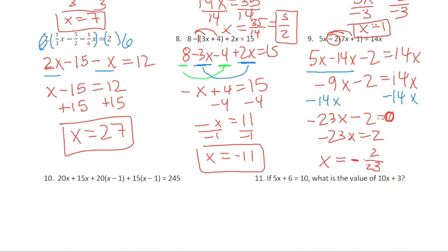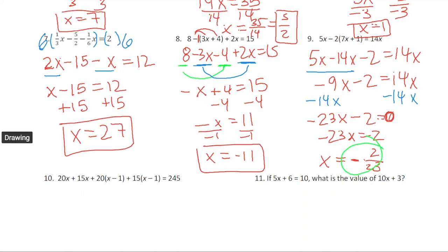All right, so I went ahead and tested this solution. Now, the way I did that was in the calculator, I took this number, negative 2 divided by 23, some long, ugly decimal, and I just substituted it for every instance of x. So in other words, let me erase some of this just to clean it up.